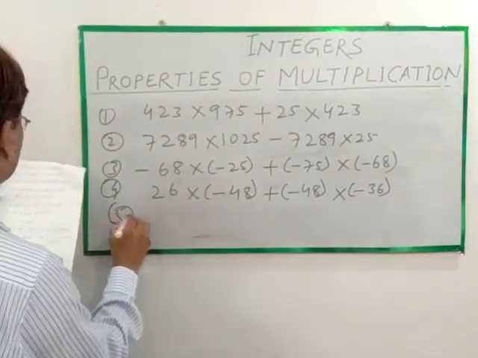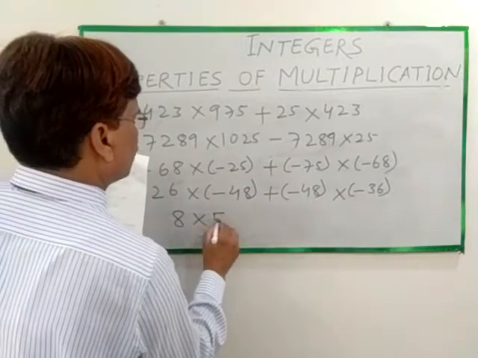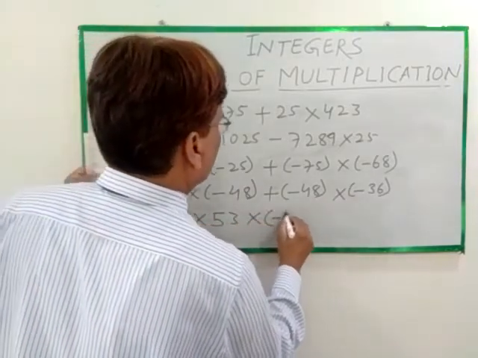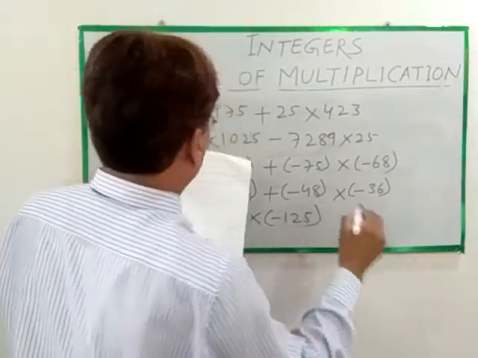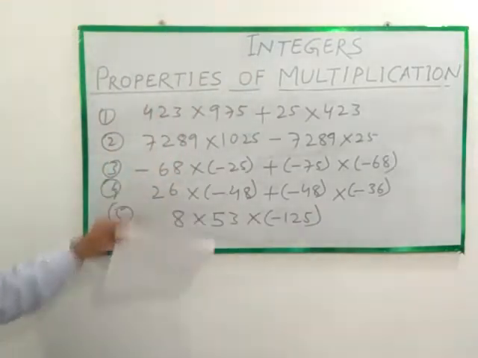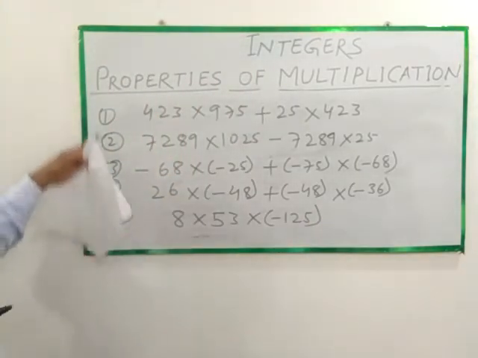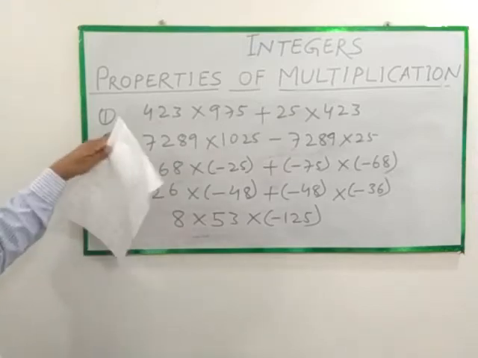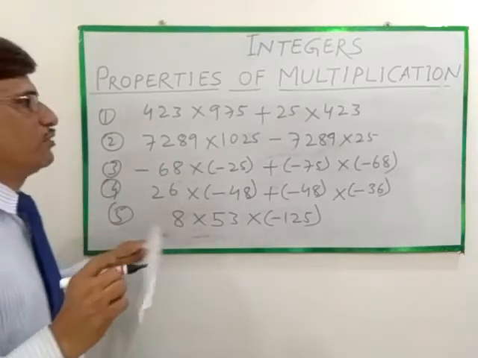Question number 5, 8 into 53 into -125. Okay, you have to do all 5 questions at home.